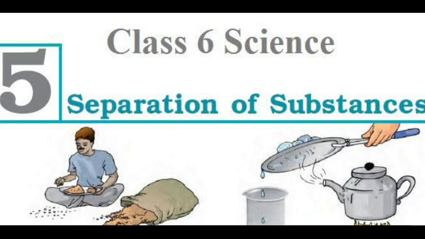As I have shown, the vegetables I required, I picked up from the mixture of the vegetables. Also, the small stones from food grains like pulses, rice and wheat are separated by handpicking. The pieces of stone are picked up from the food grains and thrown away.